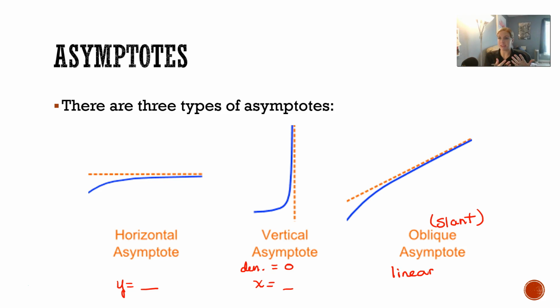That'll make more sense as we go through them. But just know that they're going to have a linear equation, y equals mx plus b, since that's our slope-intercept form of linear equations. So it'll have some form like that. Okay, let's get into more details.